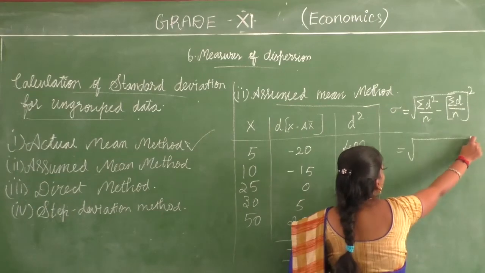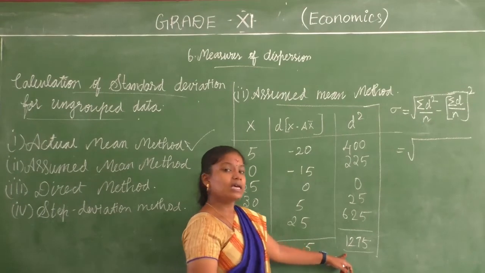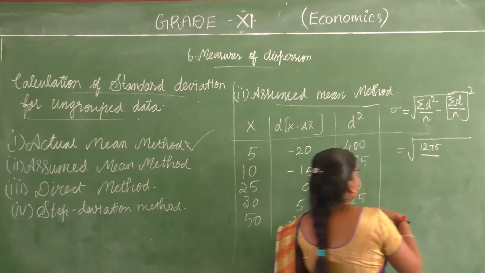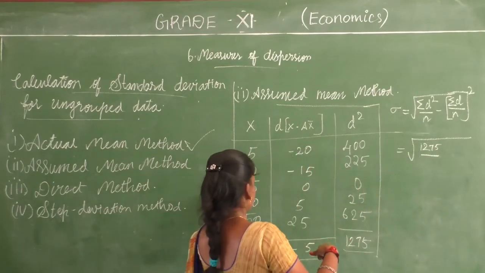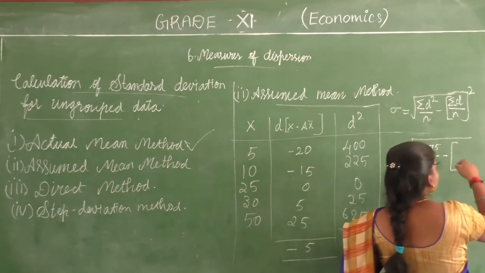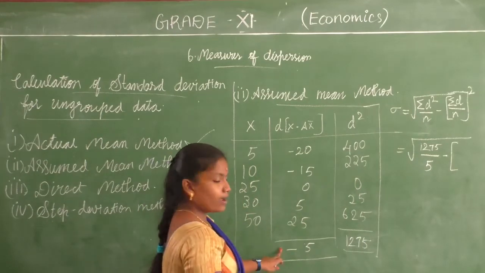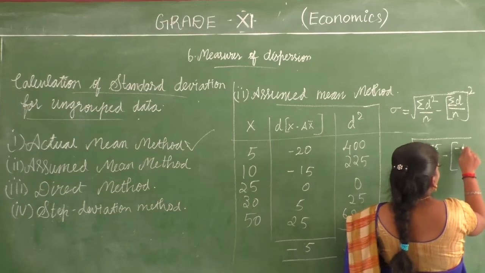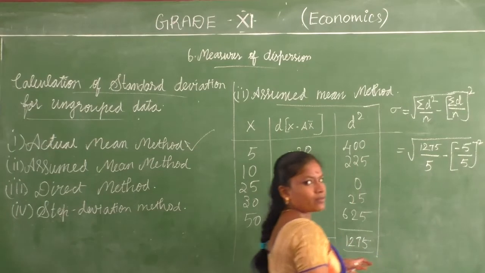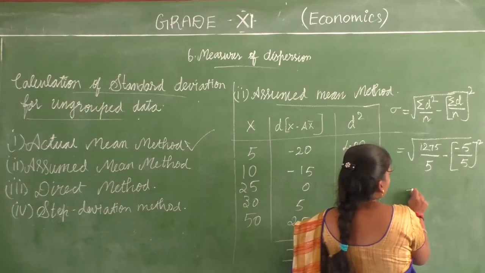So we are going to have root of summation of d squared, which is 1275, by n, which is 5, minus summation of d, only d, not d squared, which is minus 5, by 5, whole squared. Now you go into the calculations.